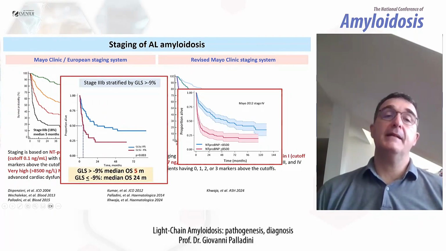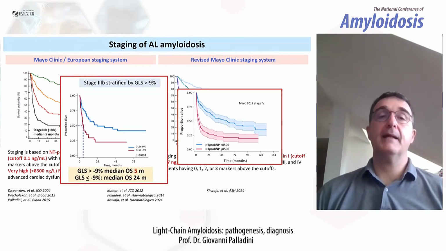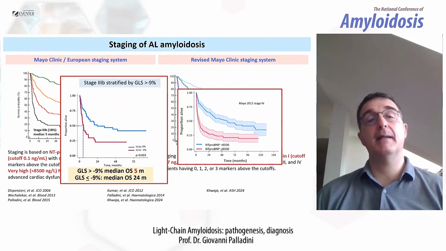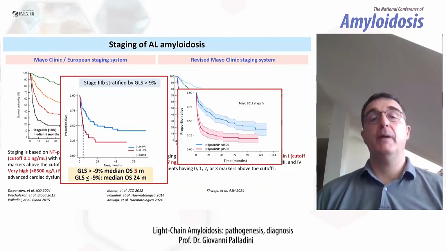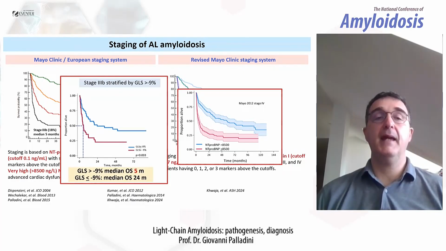And studies are underway. This is a very elegant study from Professor Wechalekar at the NAC in London that was presented at the ASH last year, showing that GLS can also discriminate stage 3B patients.